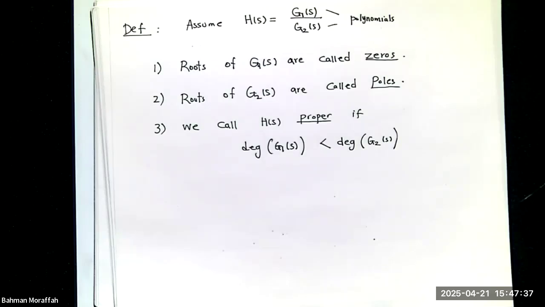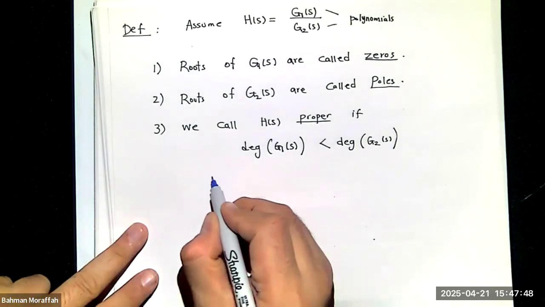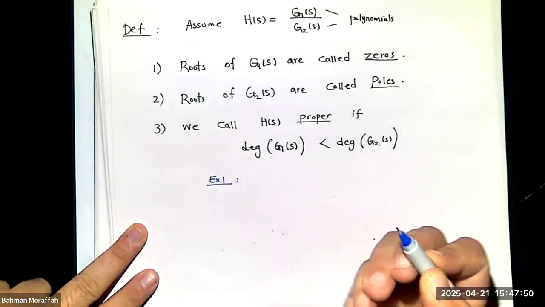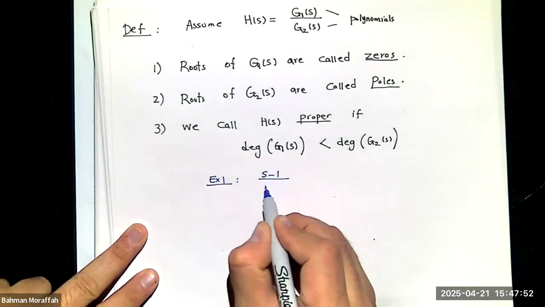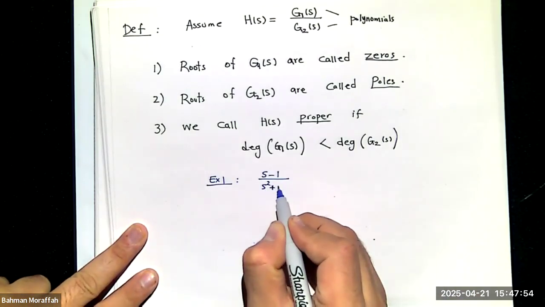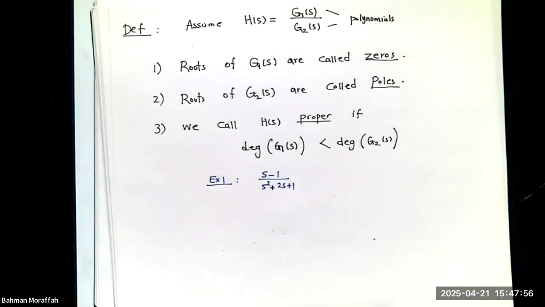Since the degree of the numerator is higher than the degree of denominator, I can divide two polynomials. Let me quickly give you an example. Example 1. If I have s minus 1 divided by s squared plus 2s plus 1, this is a proper function because the degree of numerator is 1, degree of denominator is 2.